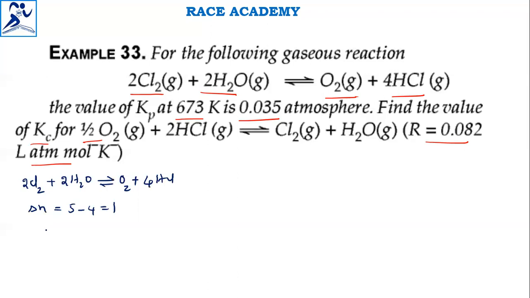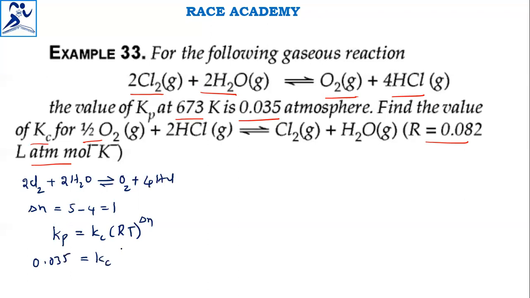So the relation between Kp and Kc: Kp is equal to Kc into RT power delta N, right? In this, the Kc value we don't know, but the Kp value given is 0.035.